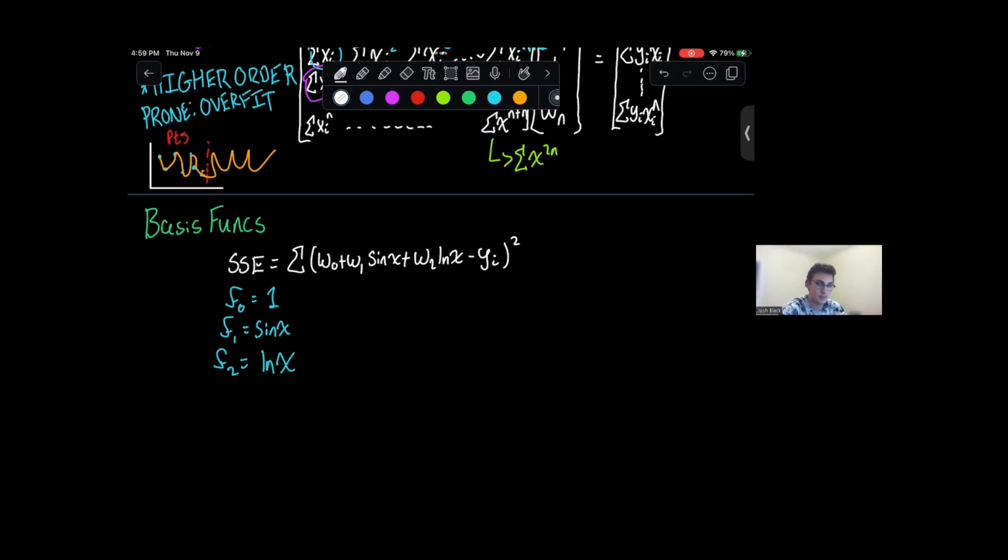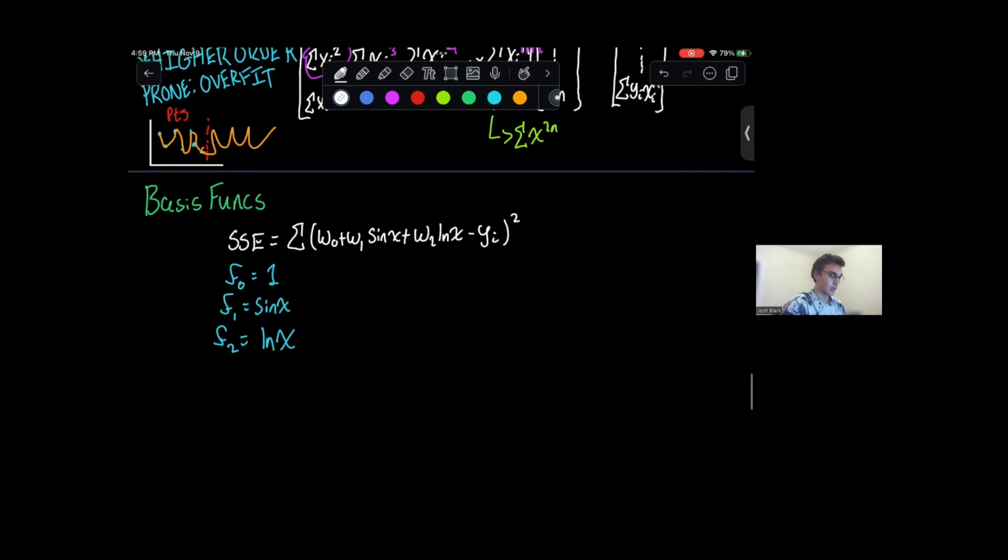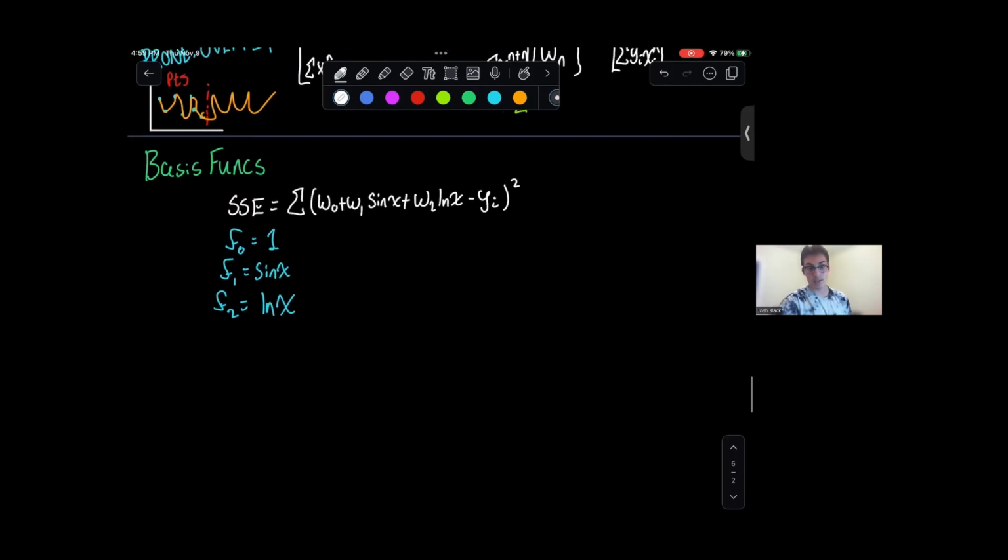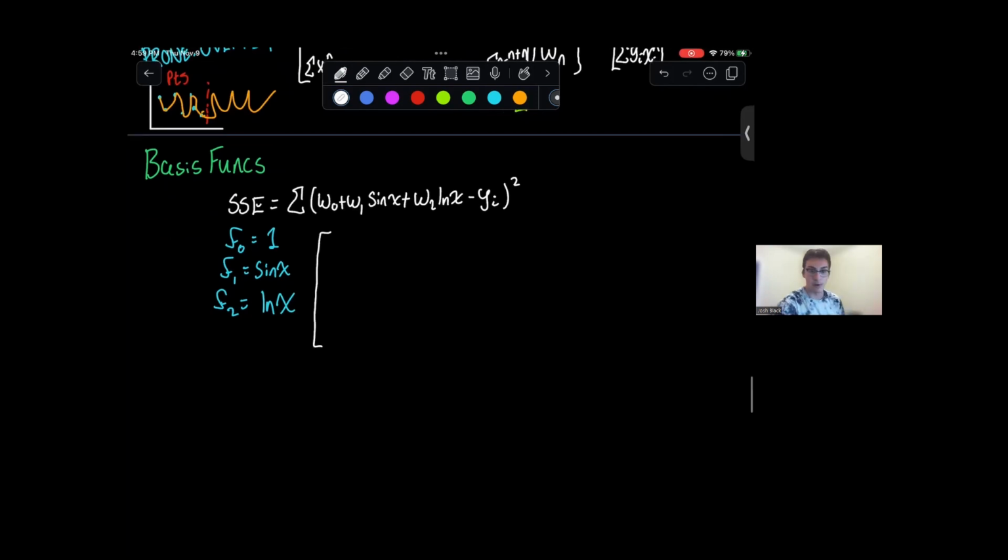Now, if we were to make our non-polynomial basis function matrix, it's pretty simple. Let's do what we did before. Our first top left corner is going to be n because we're trying to sum over W0, and that's just going to be cool. Now, remember what we said before.